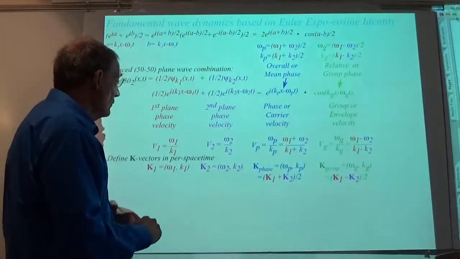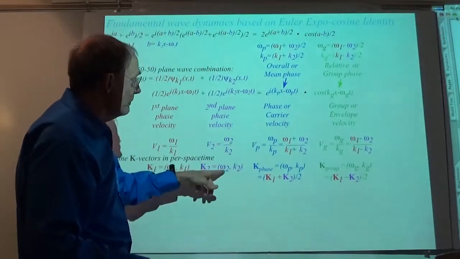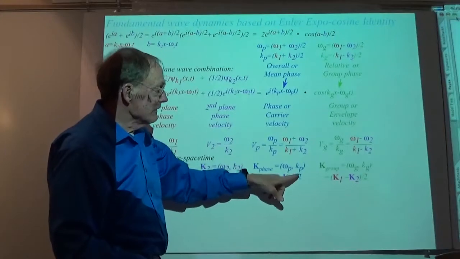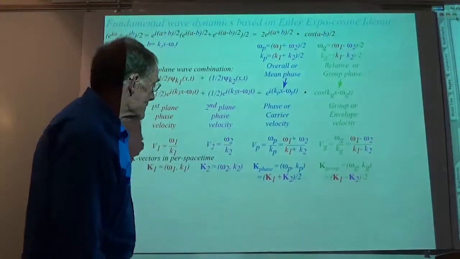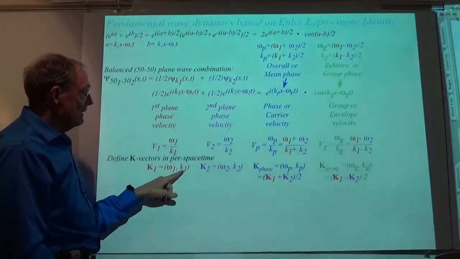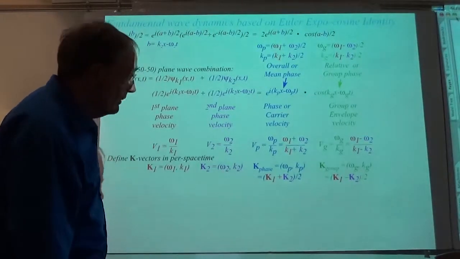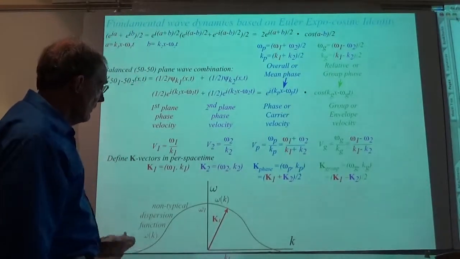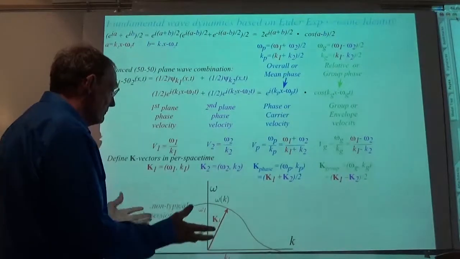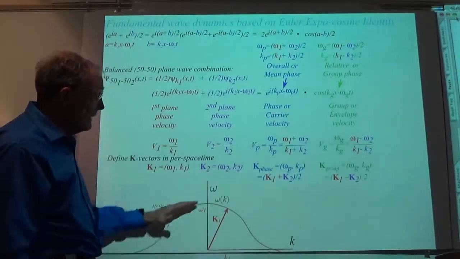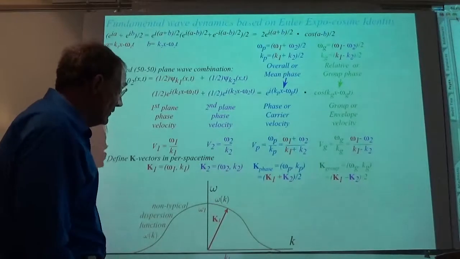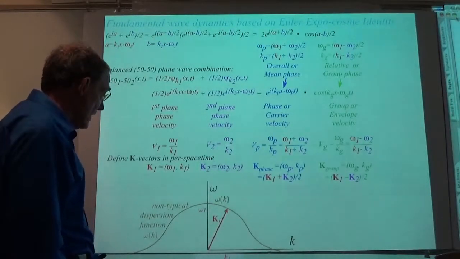Okay? Now we're going to represent these things in per space-time by vectors. Okay? If this is a vector omega 1 and k1, this is a vector omega 2. Very nice geometry. I'm going to give you a very non-typical dispersion function. Okay? But there are bands, lots of solid-state bands that look like that, so it's not that out of line.